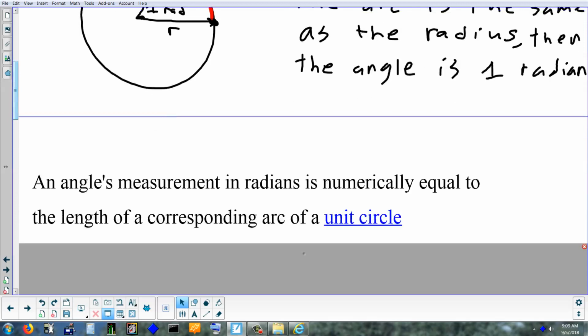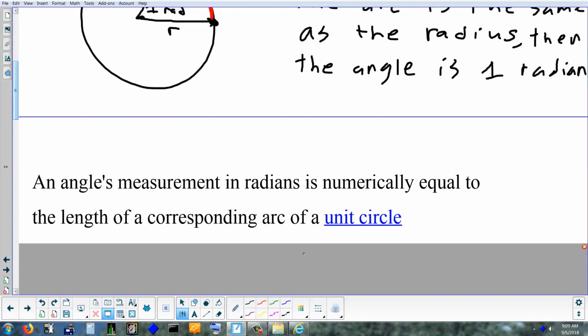But not just any arc on any circle. It has to be on what's called a unit circle. Okay, so this is going to be our starting fact. Kind of like in 1 foot there's 12 inches. You can use that to figure out other conversions. Well, this is going to help us to figure out the conversion we want to know.